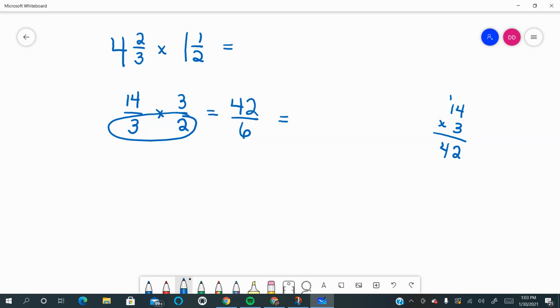Even though I've told you you don't have to change these back to a mixed number, it is easier sometimes to simplify the fractions if they are smaller.